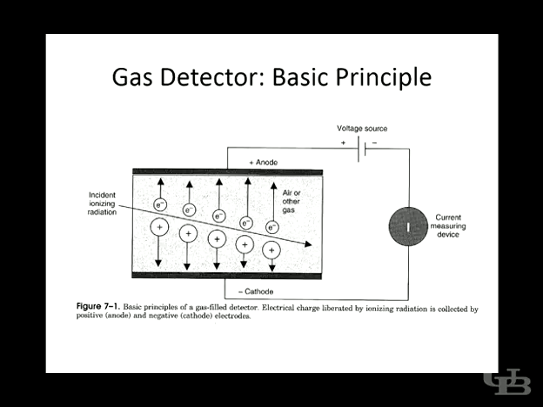Now, if there's radiation passing through the chamber, we just talked about that, radiation interaction with matter is all about energy transfer. One type of transfer is creating ionization, creating charged pairs. Electrons are ejected, leaving the ion behind. So you have pairs of charges produced.